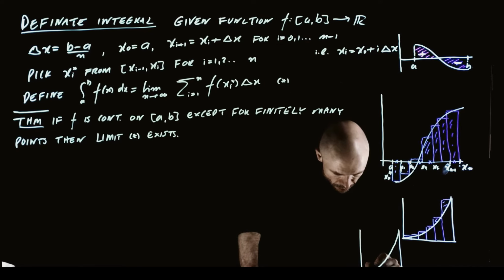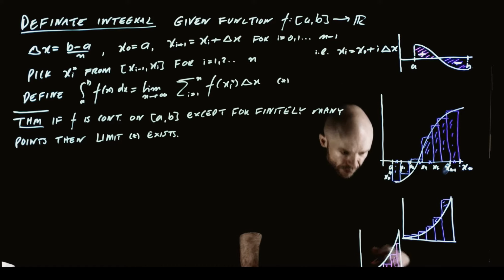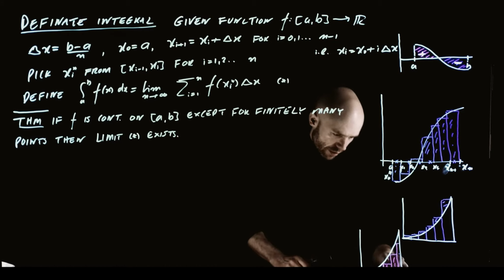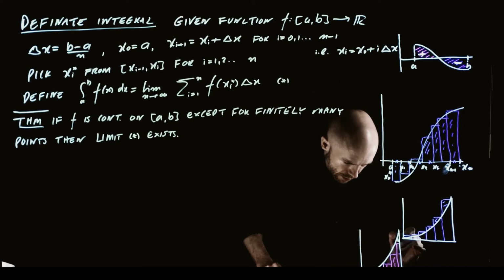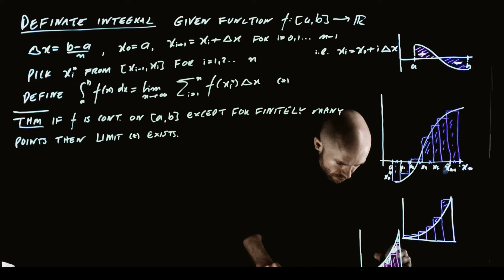So the first one is 0 height, then we have this, then we have this, then we have this, and this, okay? So we have this area. I'm filling out the wrong part. Okay, too late. And the undercount is this stuff, right?